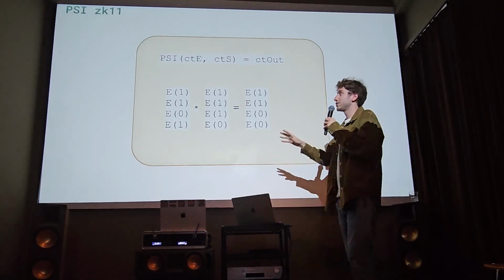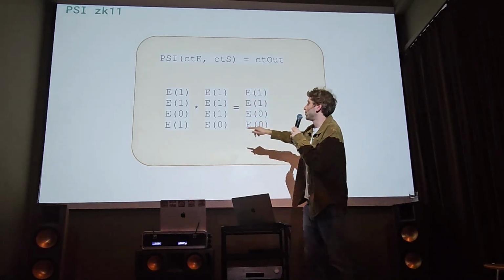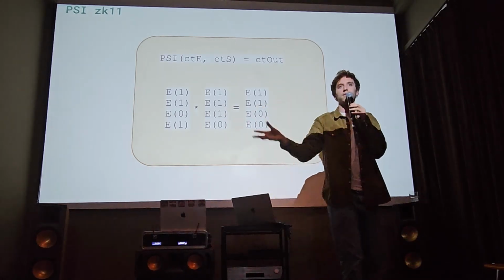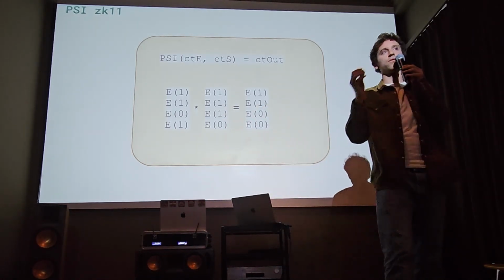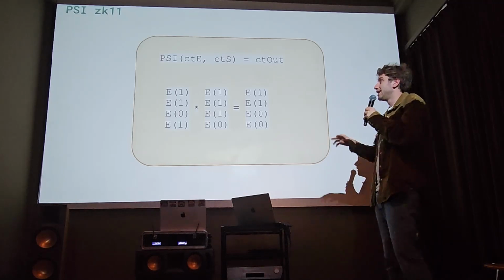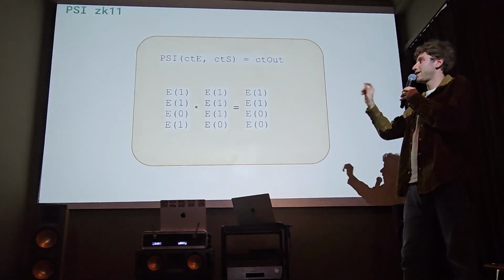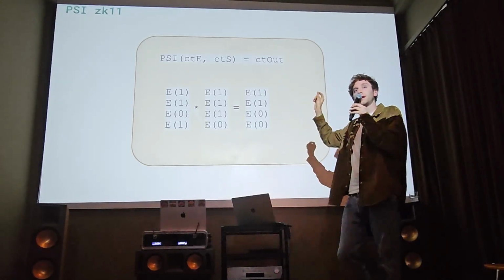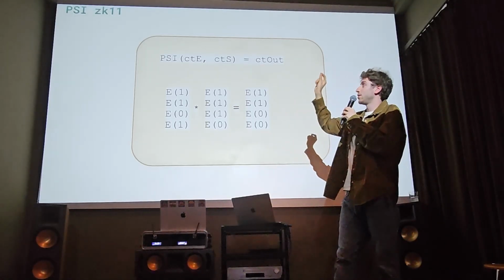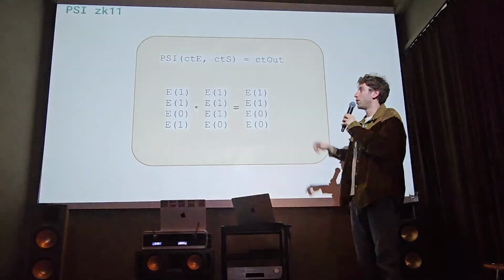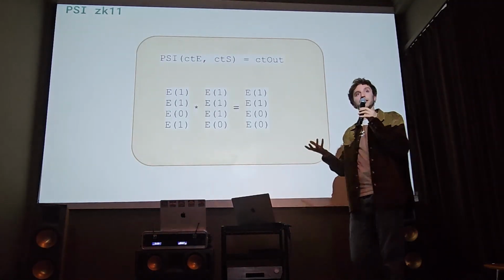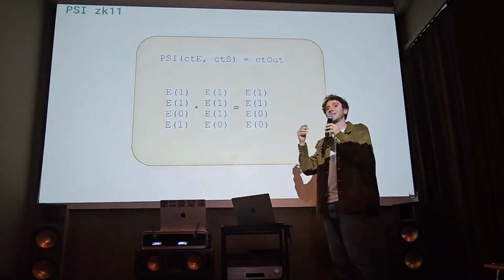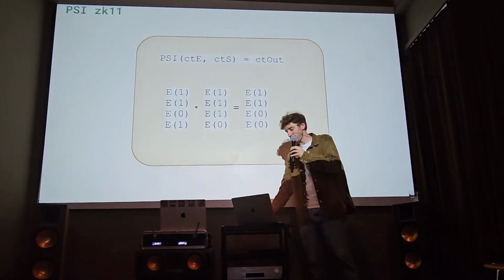So from the outside, you cannot really distinguish them. They are all just random stuff, and you cannot tell whether it's a 0 or 1 from the outside. And the logic of this PSI is that the output bit vector will encode 1 only when both the inputs are 1, so only when there's actually an intersection. All the other cases will go to 0, meaning that there's no intersection.